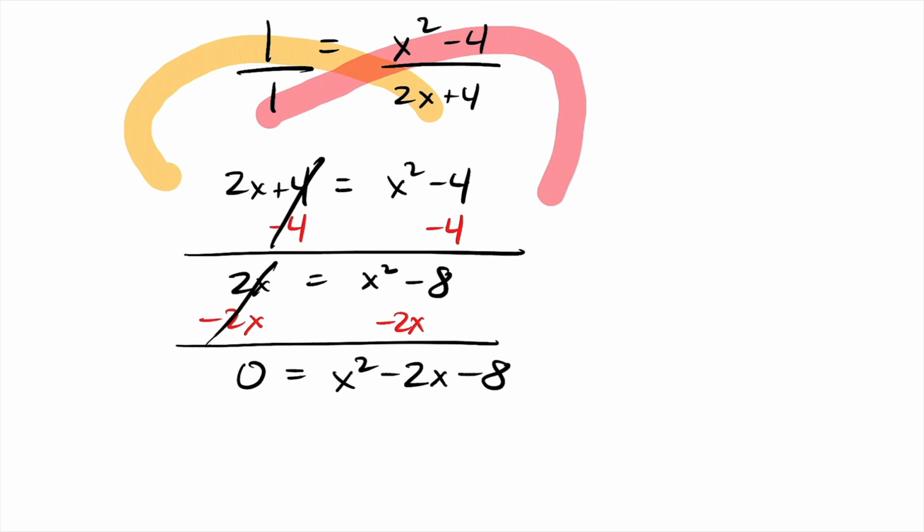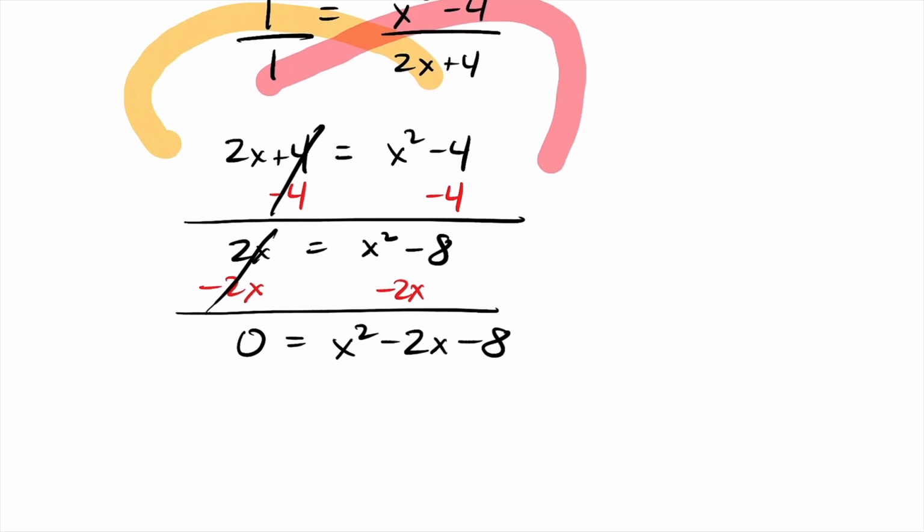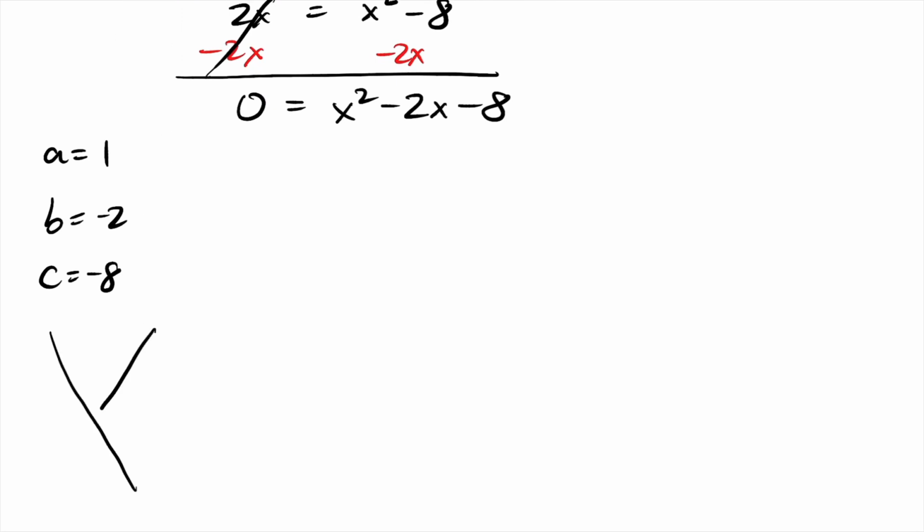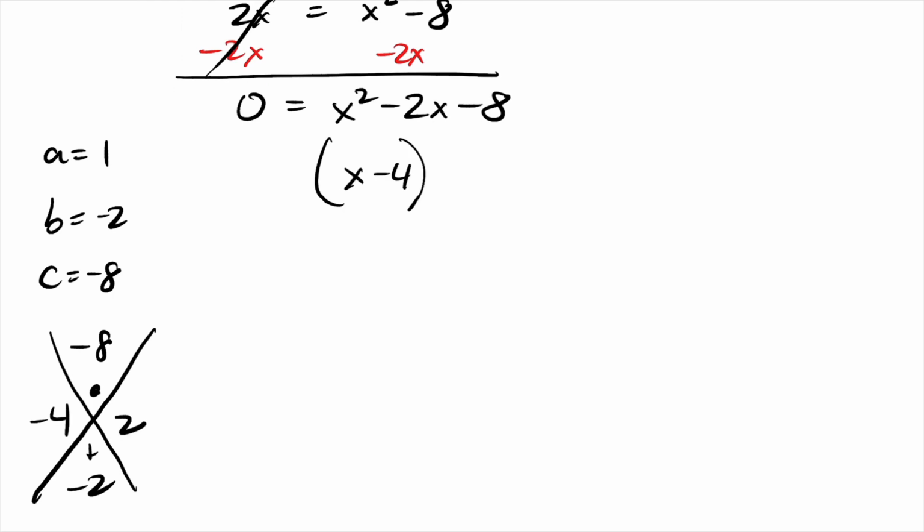Okay. GCF. No GCF there, besides 1. Okay, so ABC. So -8, -2. What two numbers multiply to -8? Had to be -2. There you go, -4, +2.